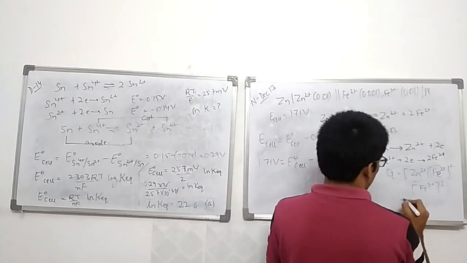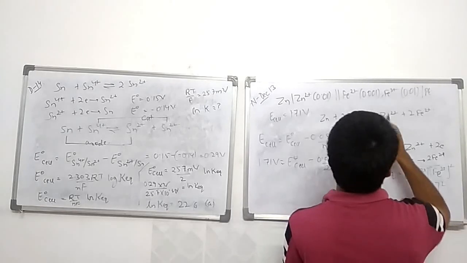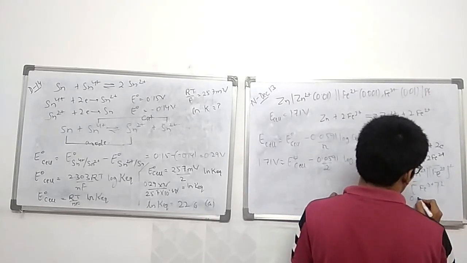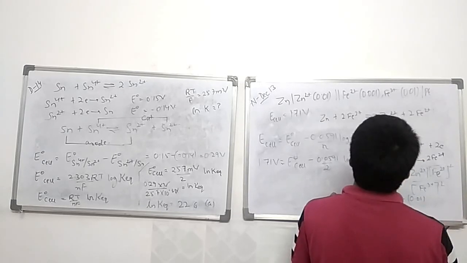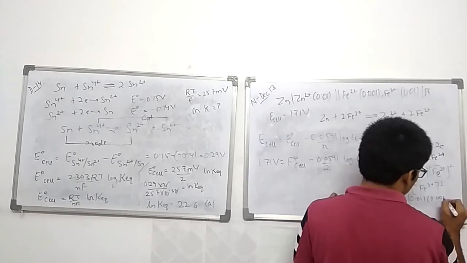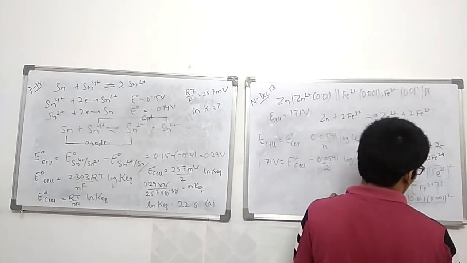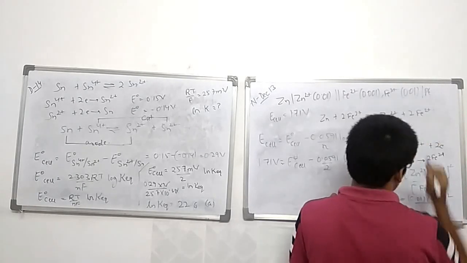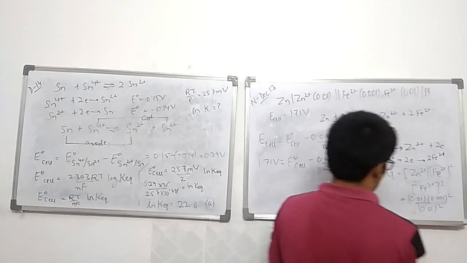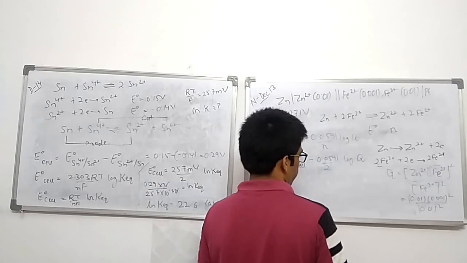So if I put the values, I would get zinc 2+ is 0.01. Iron 2+ is 0.001, 0.001 square, upon iron 3+ is 0.01 square. Now, if I solve this, what would I get?